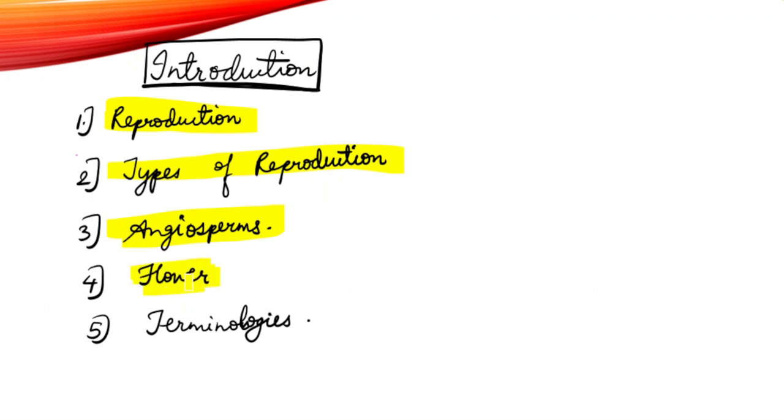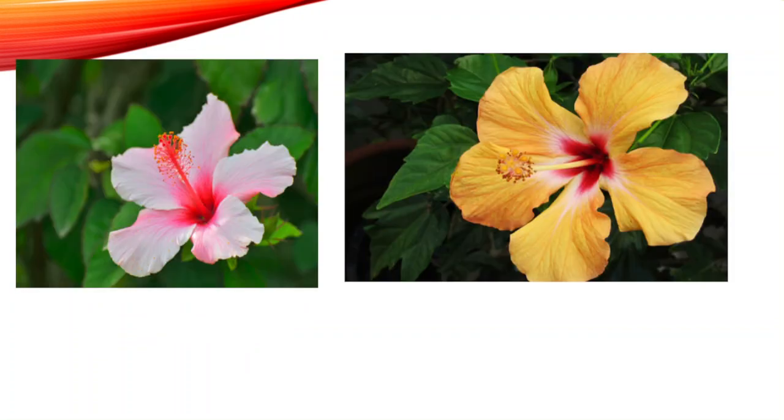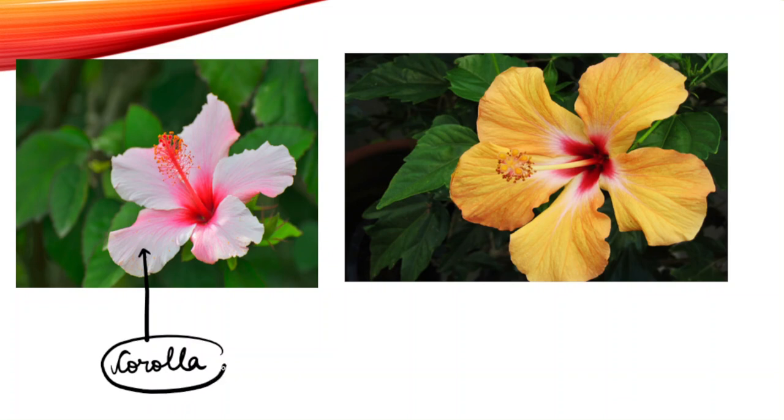We took a little flower. We will move towards flower more now. This is the hibiscus flower. Let's see the parts of a flower. This is the petal. Petals as a whole are known as corolla, but the unit is known as petal.